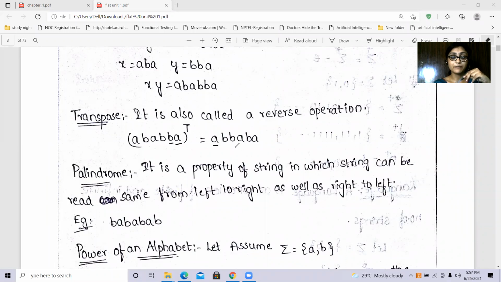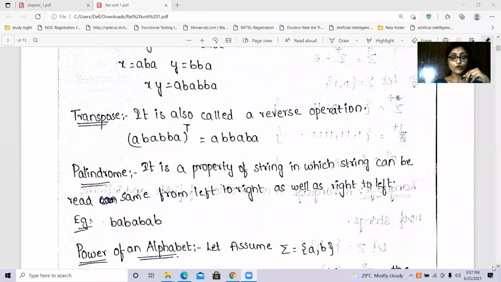Next B will come second. Next, the third from last, B, will come third. And next this A will come here as A. And then B will come here as B. And the first one will come last as A. In this way, we have to perform the transpose operation on the given string.